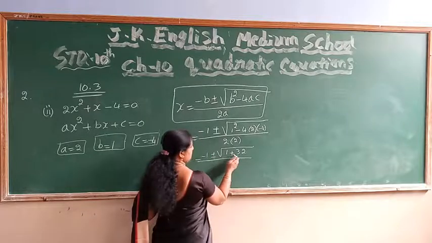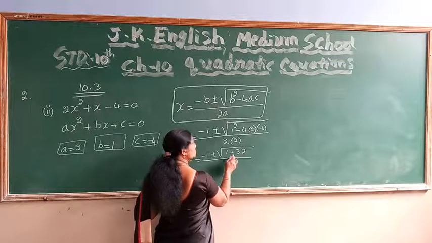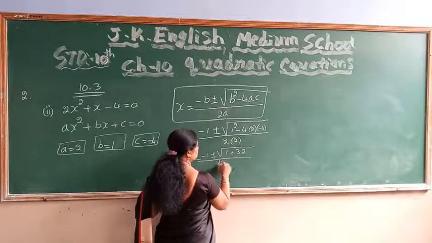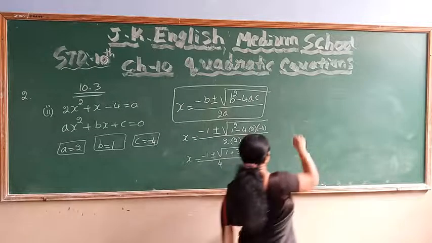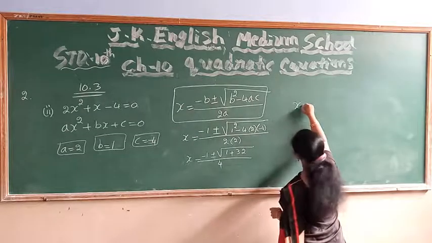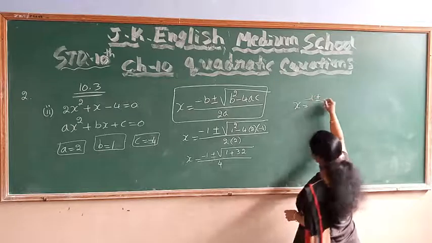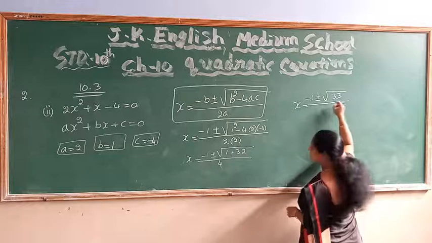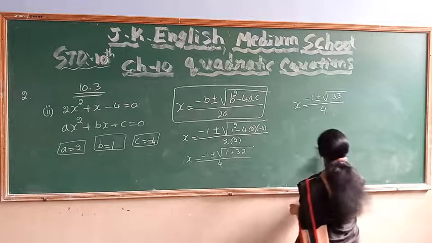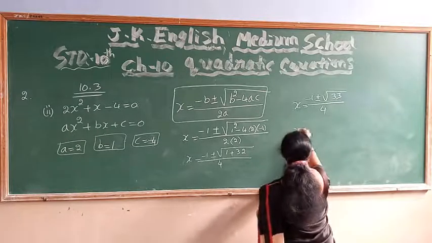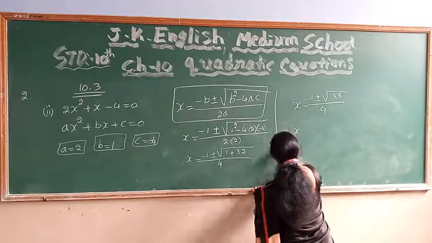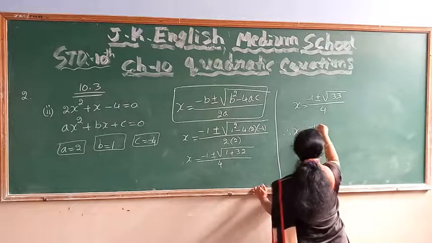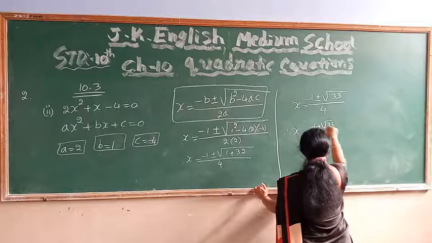Inside, the b square minus 4ac value is greater than 0, so we will get the roots. 2 2s are 4. Then x is equal to minus 1 plus or minus square root of 33 divided by 4. So here 2 roots are there. Therefore, x is equal to minus 1 plus root 33 divided by 4.